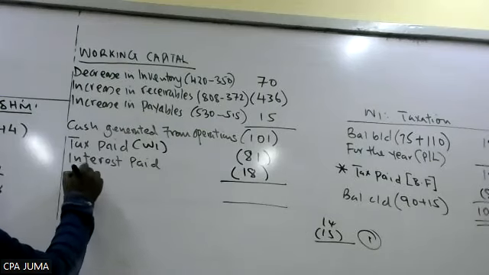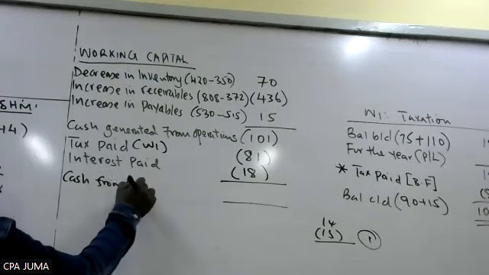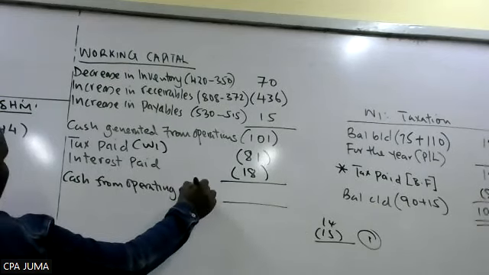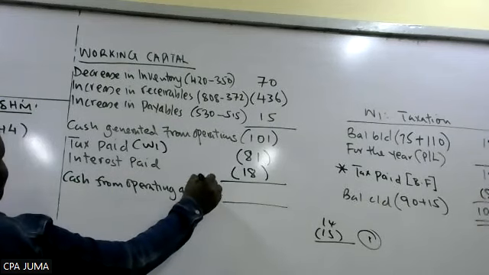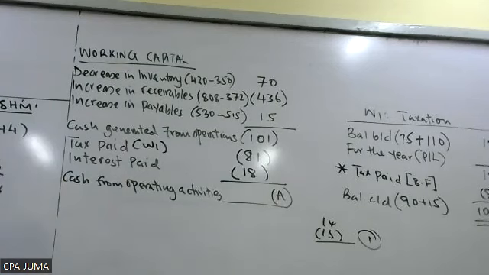Cash flow from operating activities. Give me the answer, then you call it A. All of them are negative, so it will just be a big negative. So give me that figure.